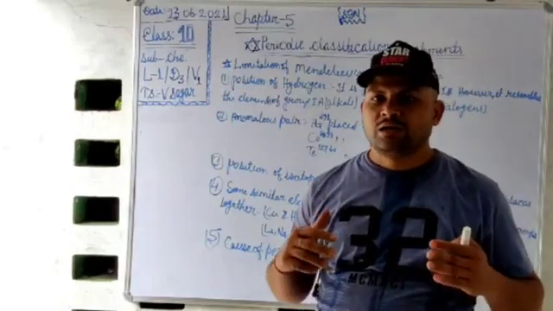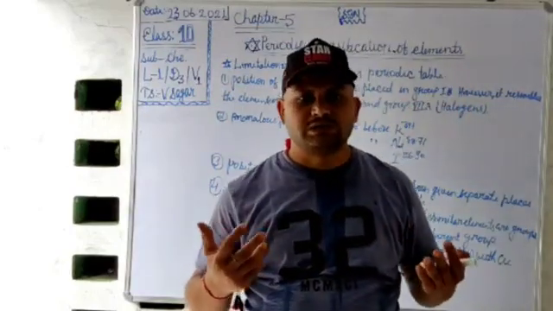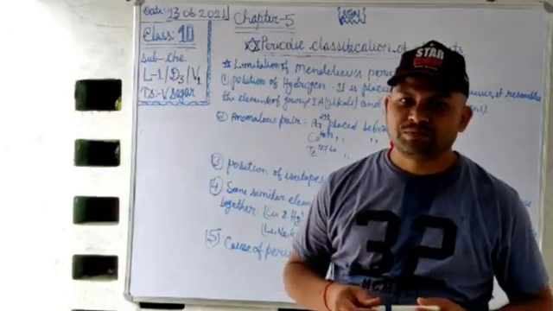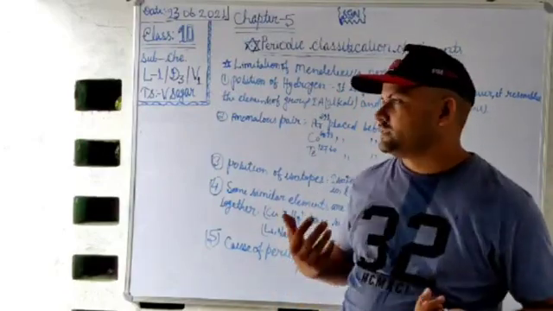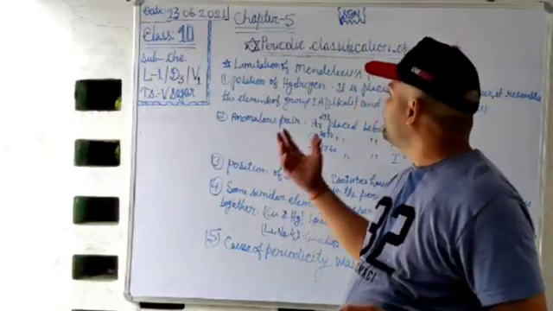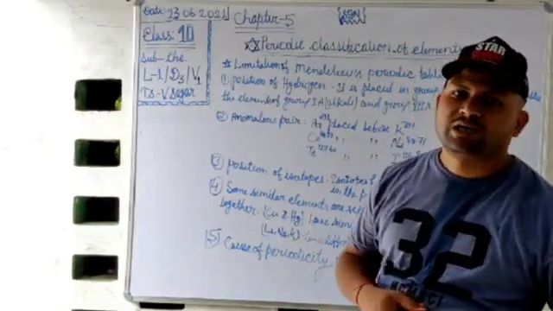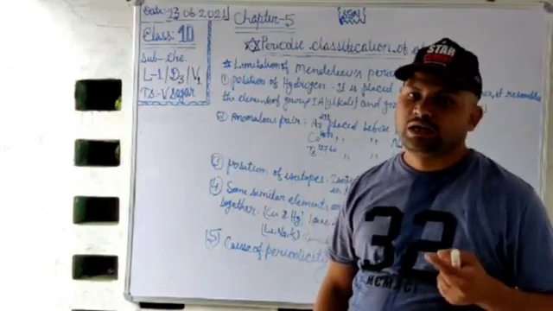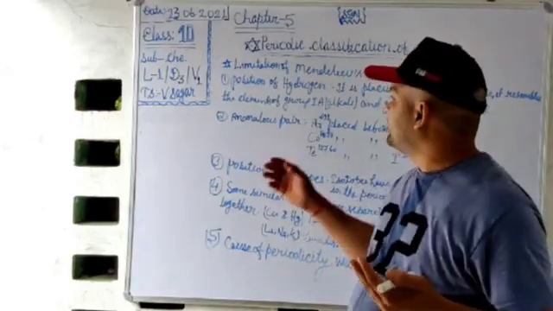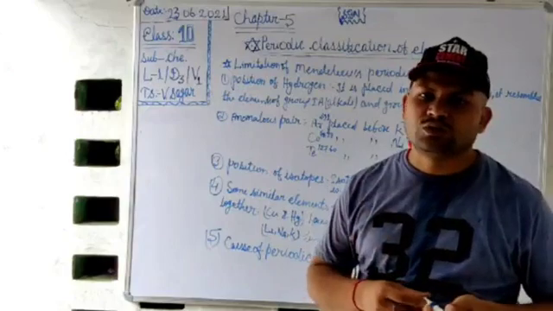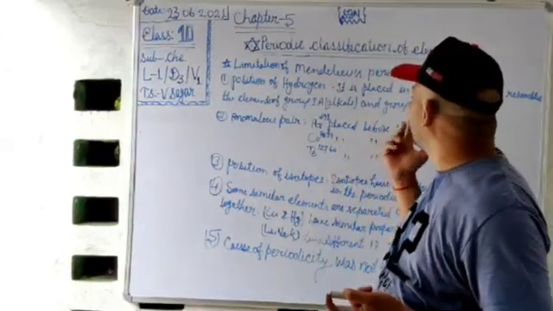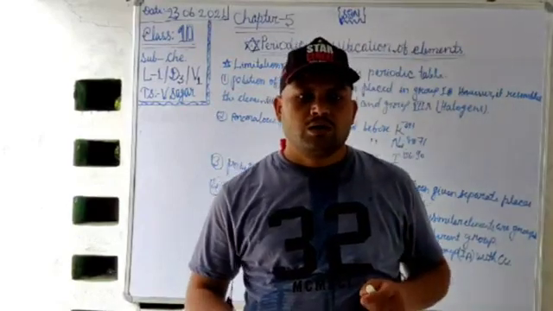That's why that periodic table was rejected. What were the main limitations of Mendeleev's periodic table? Let us see. The main limitation was the position of hydrogen. It was very difficult to decide the position of hydrogen by Mendeleev because it was kept in group B.